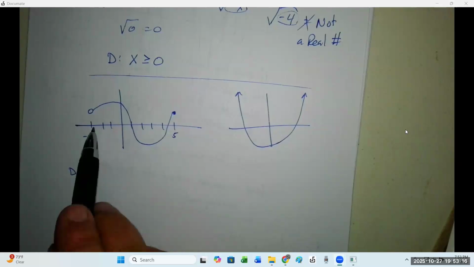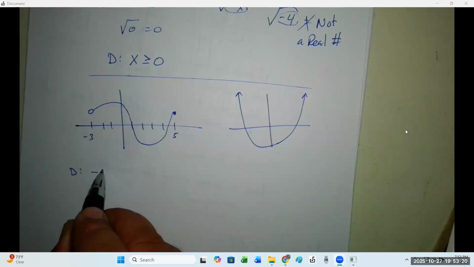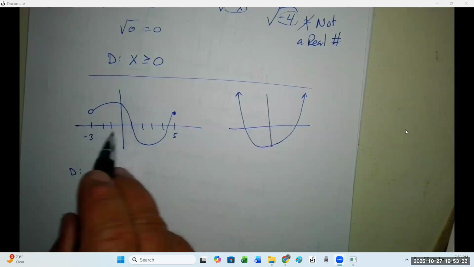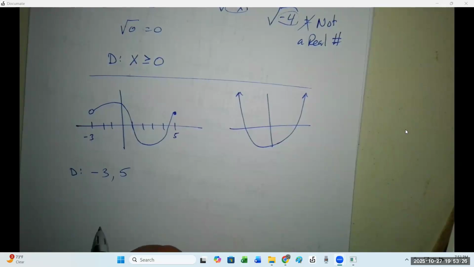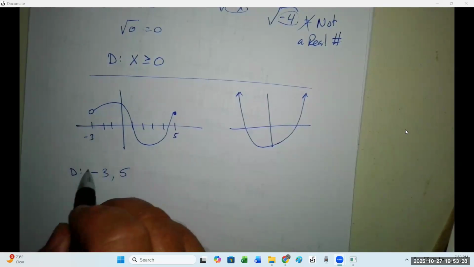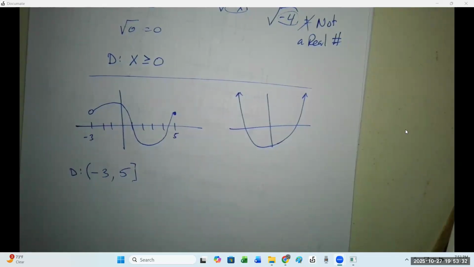Looking at this graph, the smallest I can have is -3. So it starts off at -3 and it goes all the way up to 5. An open circle means we can't use it, and a closed circle means we can. We'll go over this later on in section 6, so don't worry about it. So that's what that domain is.